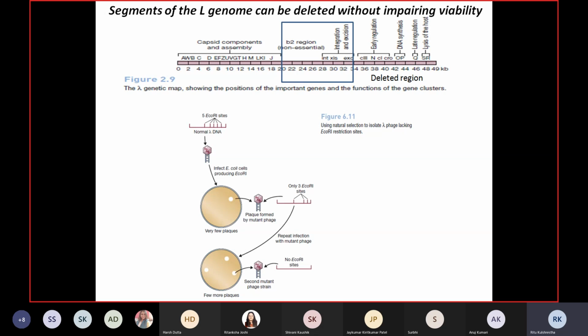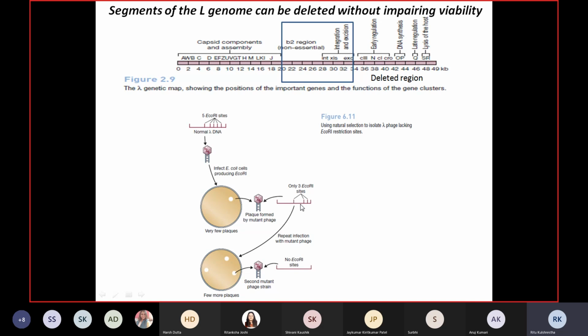If you remember that restriction and methylation system which is present as a way of immunity to foreign DNA in any bacteria. But there is a possibility that, as a natural selection process, some of the EcoR1 sites get mutated.